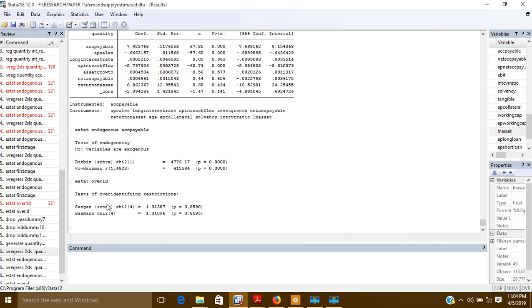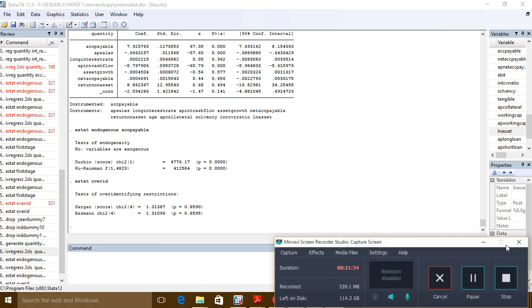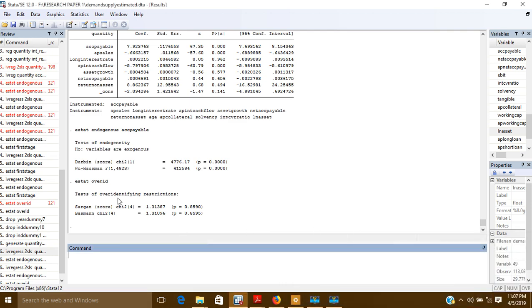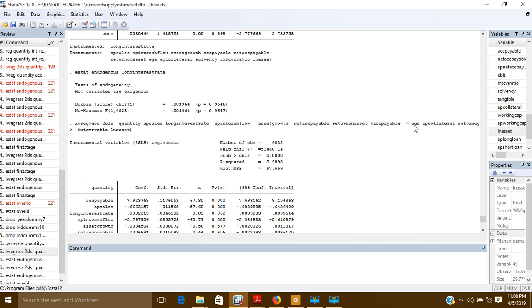Now we have one more method. If we want to check whether these instrumental variables are good indicators of account payable, that is, whether the instrumental variables which we have used are sufficiently correlated with the endogenous regressors but uncorrelated with the error terms, then for that we have another method of checking, that is called the first stage method.